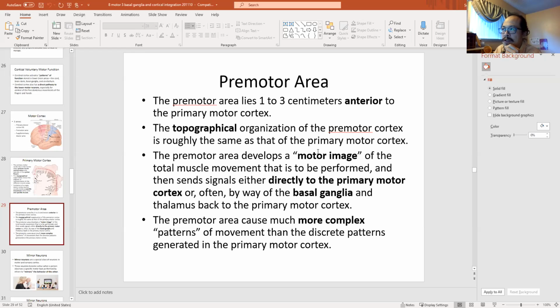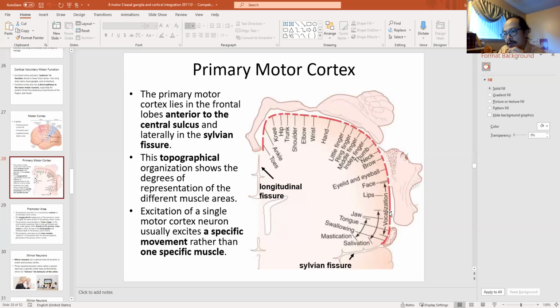Another function of this premotor area: it has the same topographic organization as the primary motor cortex. So different regions will process different parts of the muscle, but the function involves more complicated movement.